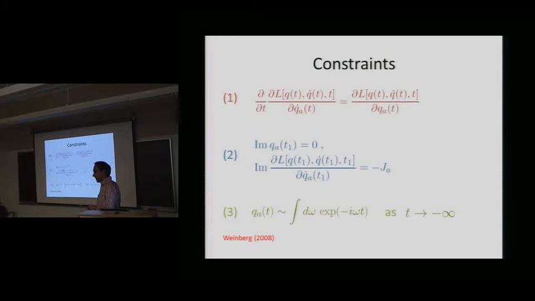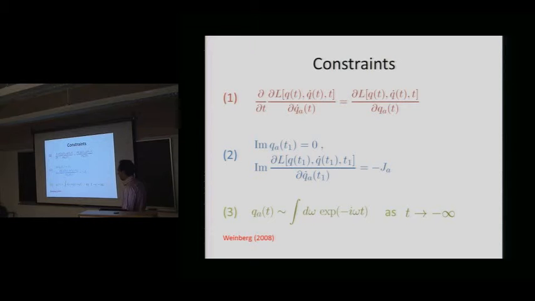Q at time t1 has to be real, because zeta is just part of the metric. It's just a metric perturbation. So Q is something that we can actually see. Yes, at time t1, it should match on to the classical solution. Sorry, this is rather abstract at the moment.